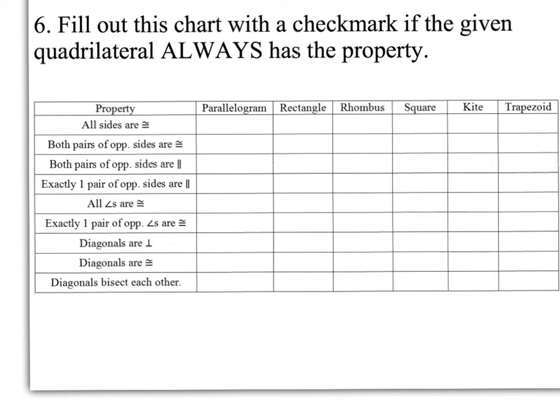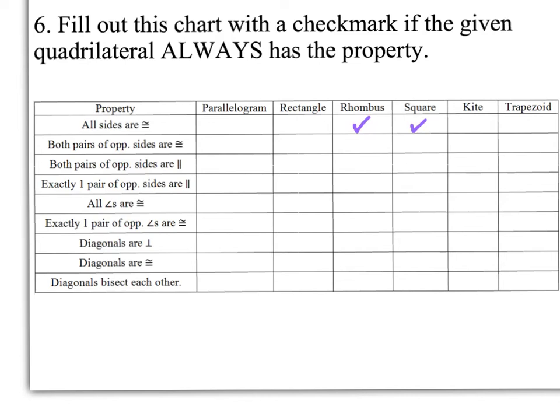So let's go through based off of the property. Which of these quadrilaterals has the property that all sides are congruent? Well, rhombuses and squares. Okay, we know that's not necessarily true for all parallelograms or all rectangles. Definitely not true for all kites and all trapezoids.